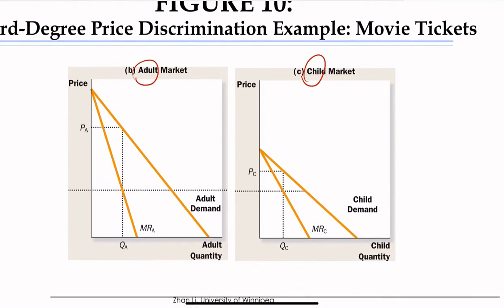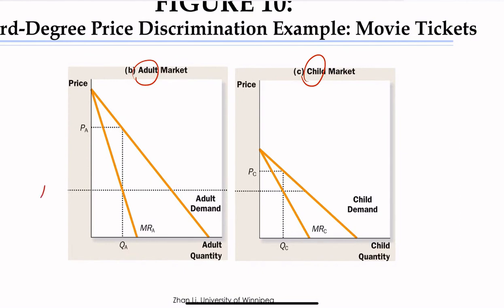So now let's say we have a monopolist, and it sells movie tickets. We will now use the two-step process to understand the movie ticket prices it wants to charge in the adult market and in the child market.